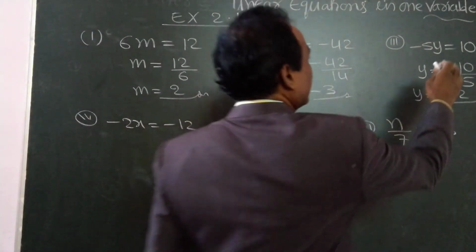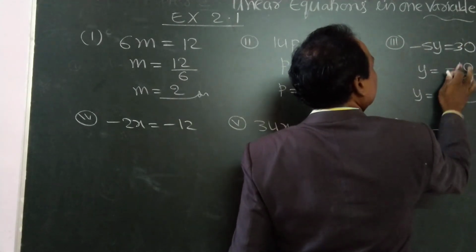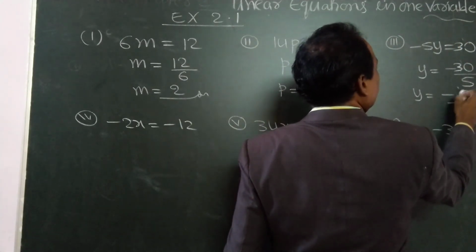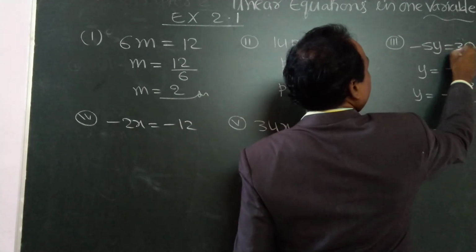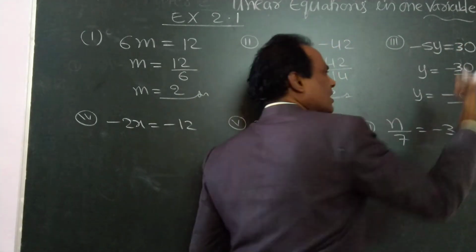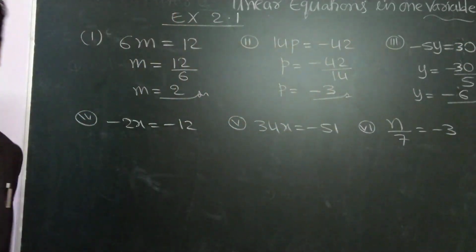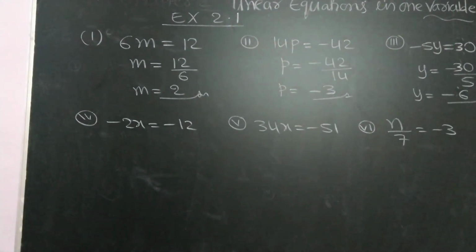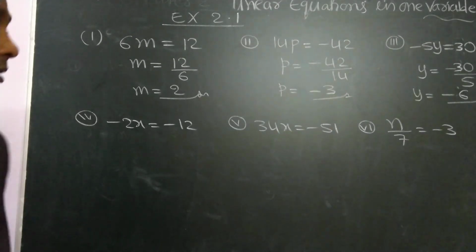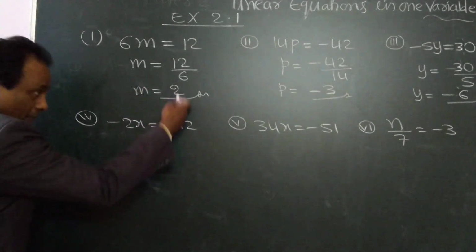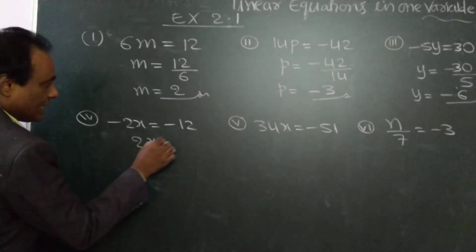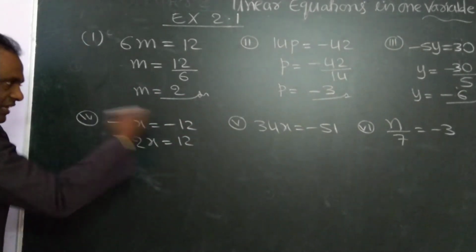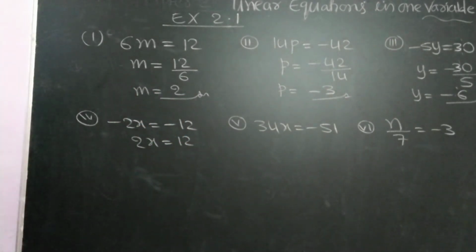Oh, it is 30 here. So 5 6 times. This is 30, not 10. 30 by 5 is 6. Minus minus cancel on both sides.